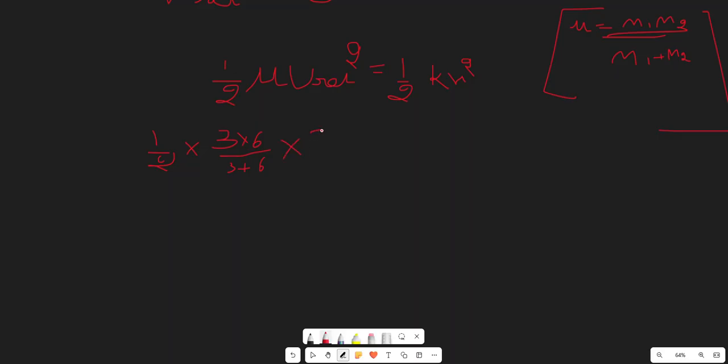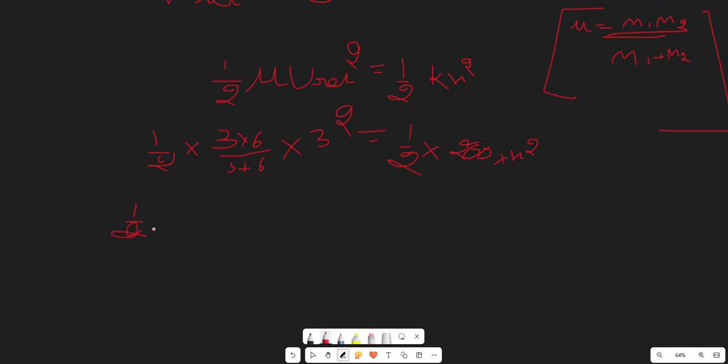So half into 18 upon 9 into 3 square is equal to half k x square. The value of k in the question is given as 200. So we will put that, and x is our maximum extension of the spring.